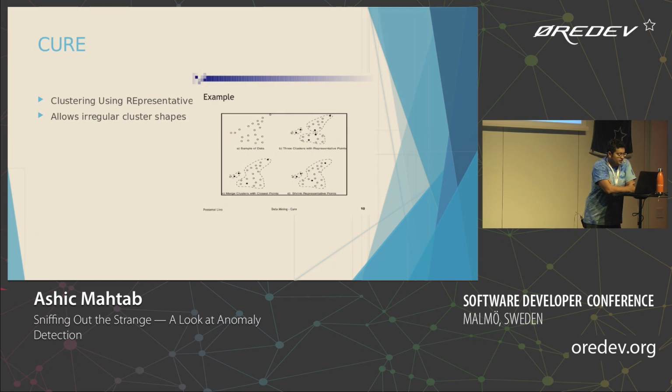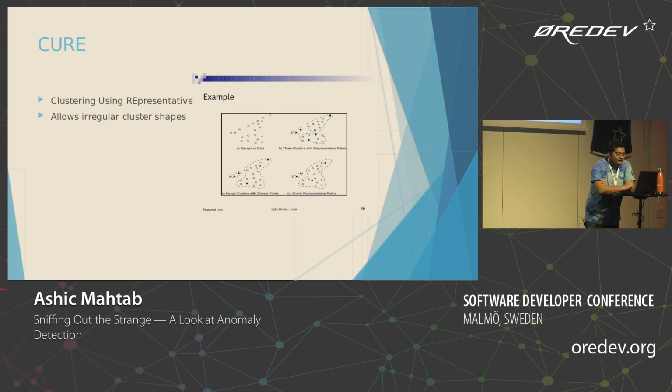Okay. So we did all this, and initial results were quite good. But then what we found was that some of our clusters don't necessarily follow spherical shapes or elliptical shapes for some of our dimensions. They're quite irregular.